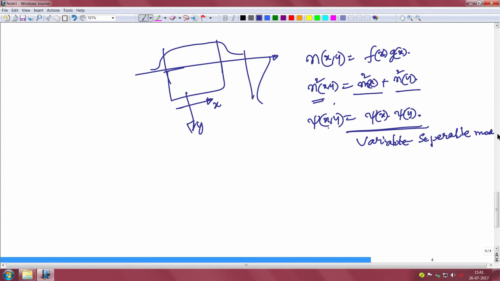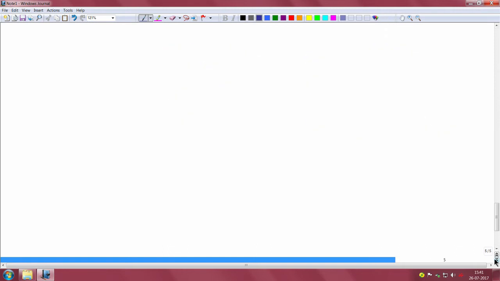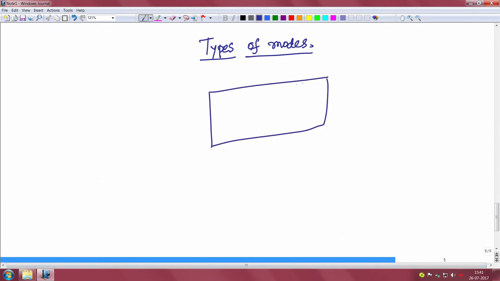We also need to make a note about the types of modes that can exist in optical waveguides. We have noted that most of the light has to be guided within the waveguide. If you have a waveguide like this, we would expect most of the light to be guided in this, and we have seen that the light could extend outside into the substrate and into the air.